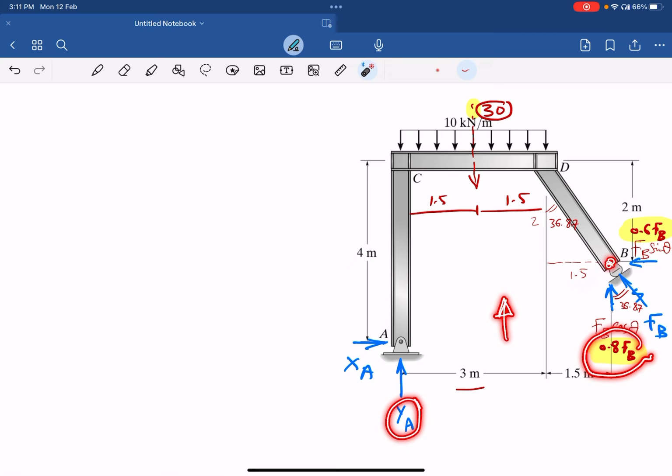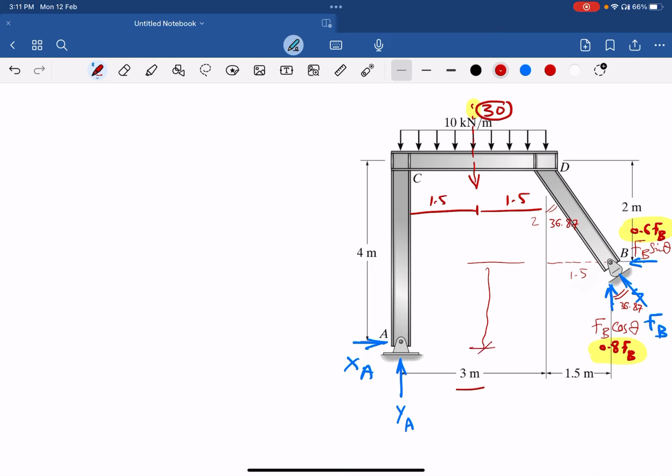If we take a moment at this point, you still have two unknowns. But if you take a moment at A, you have the 0.6 and 0.8 FB, both depending on FB, so we have only one unknown, which is FB. It means by taking moment at A, we can solve and get the value of FB.